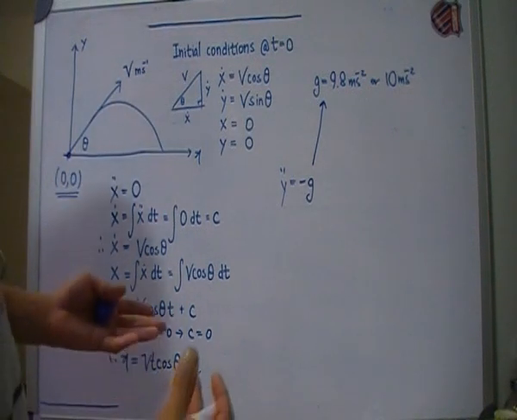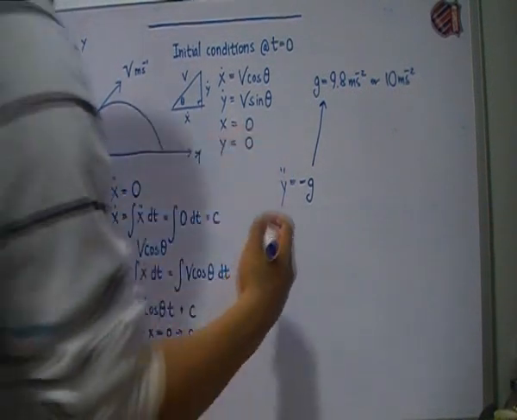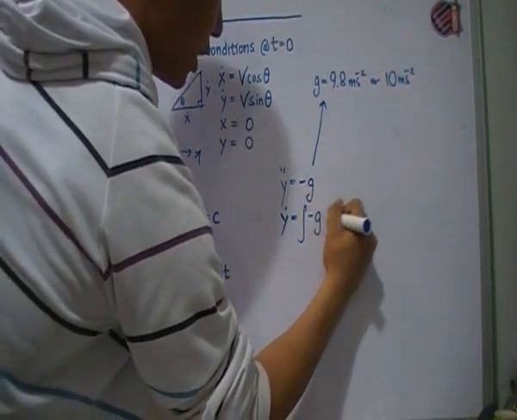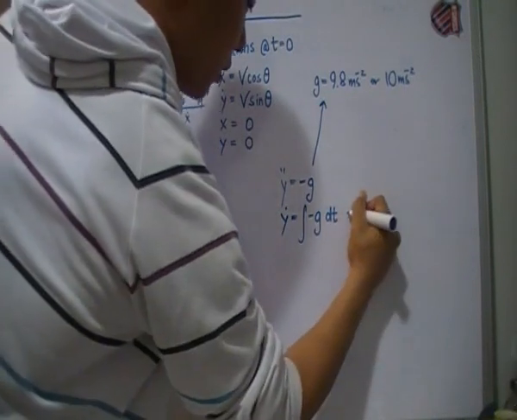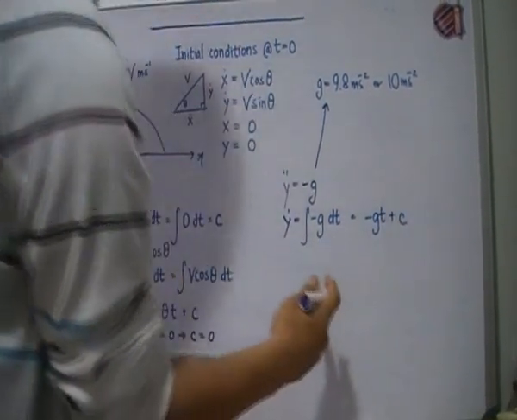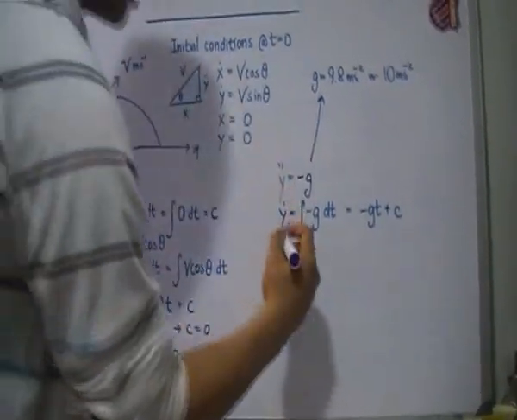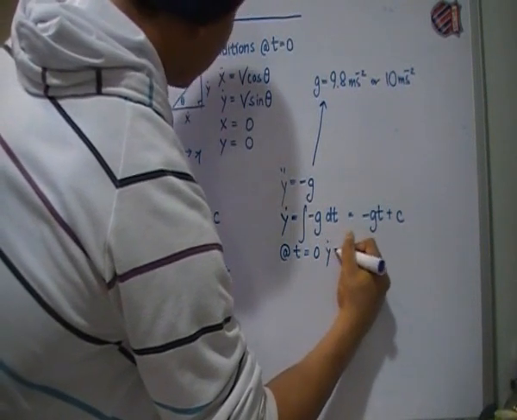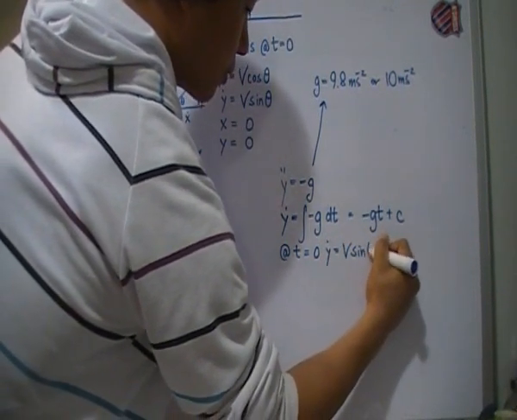We're going to do the same for y. Your y dot is equal to the integral of minus g dt, which gives you minus gt plus c. You know that initially at t equals 0, y dot equals v sine theta.